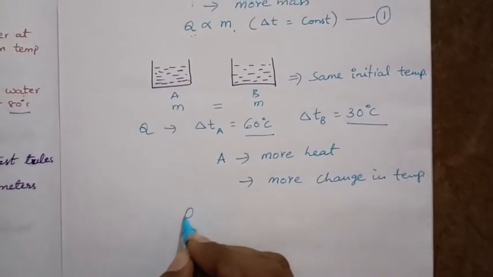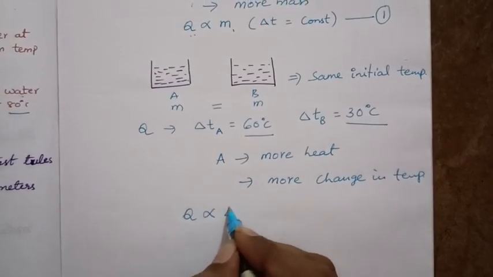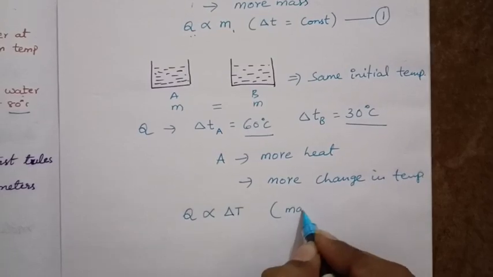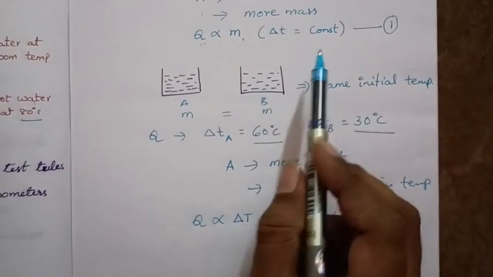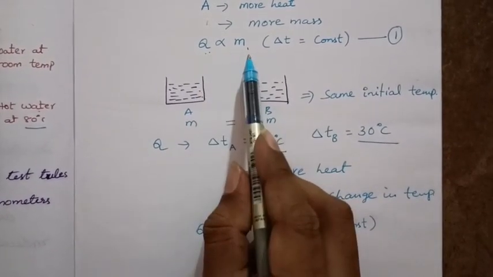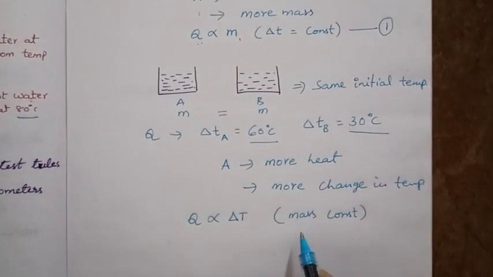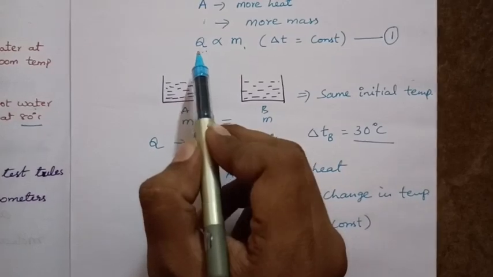So from this we can say amount of heat is directly proportional to change in temperature when mass is constant. When change in temperature is constant, it depends on mass. More mass, more amount of heat is required.